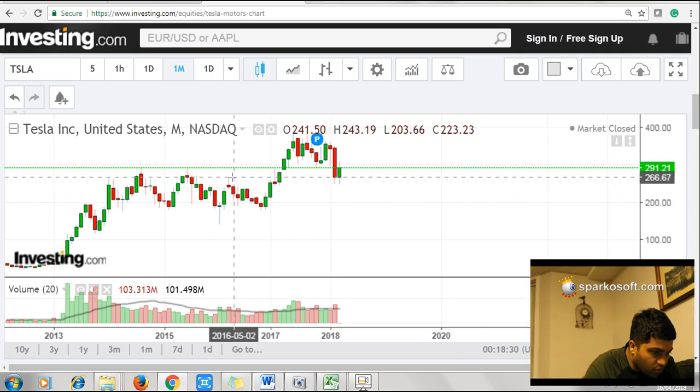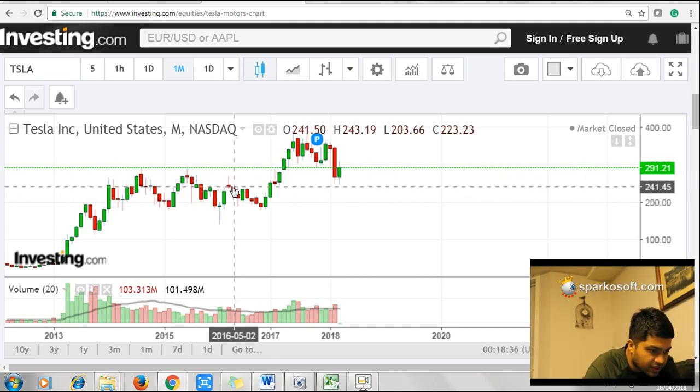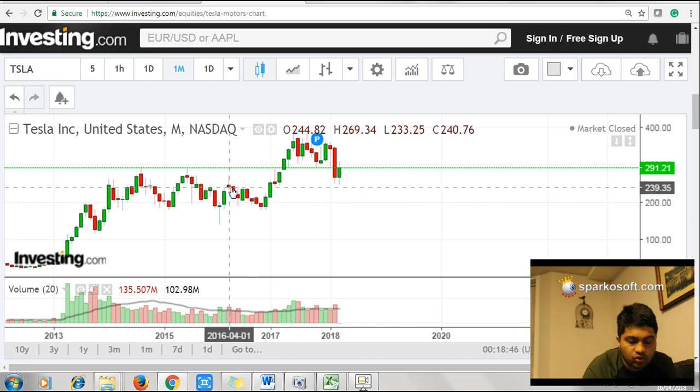The stock went as high as 266, and it went as low as 233. It's a red candle, so it opened at 245 and it closed at 239. So a green candle indicates the stock opened low and closed high. A red candle indicates the stock opened high and closed low.